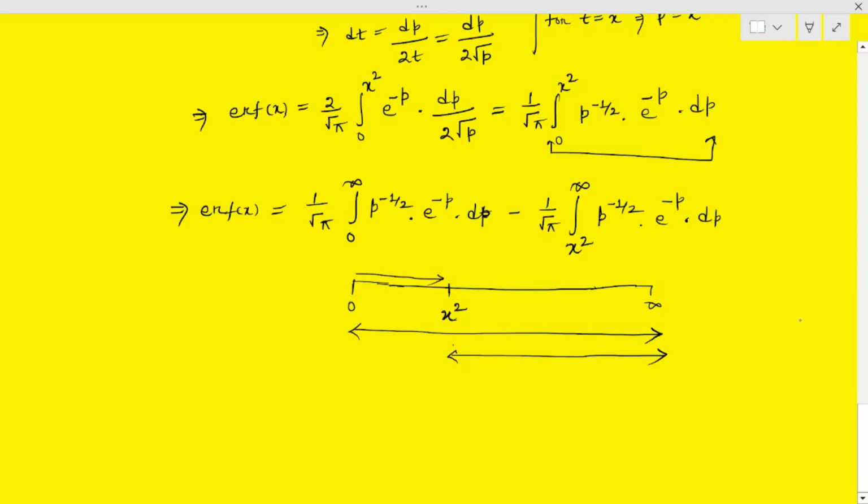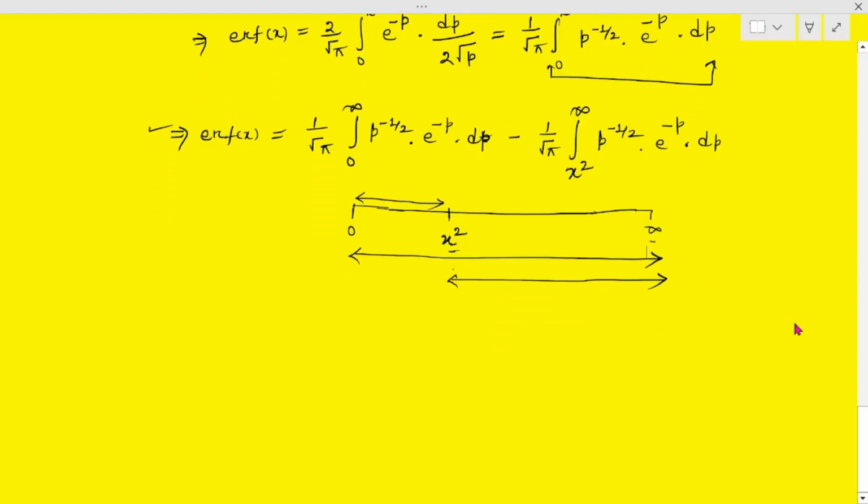Same thing is written in this step: 0 to infinite whole distance minus x square to infinite, then we can find the 0 to x square limit. Got it? Okay, you just draw this figure in your note.